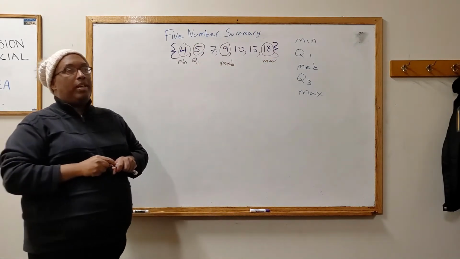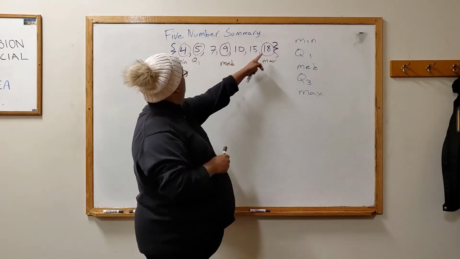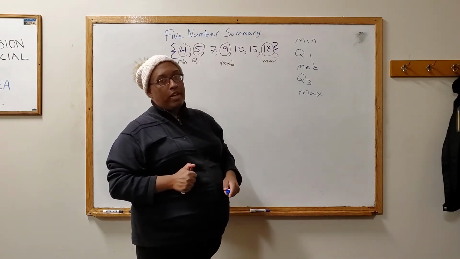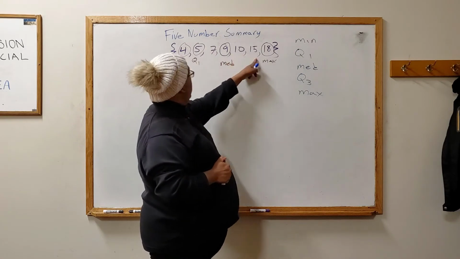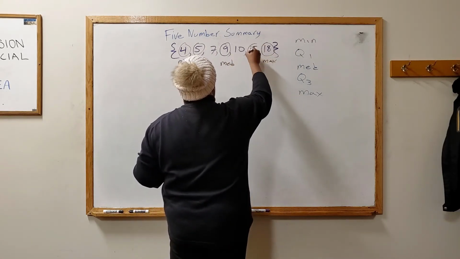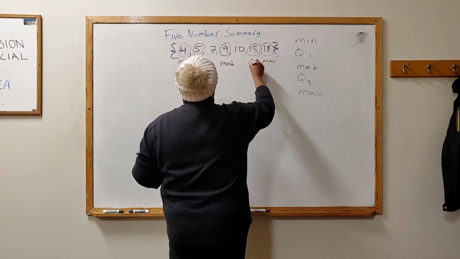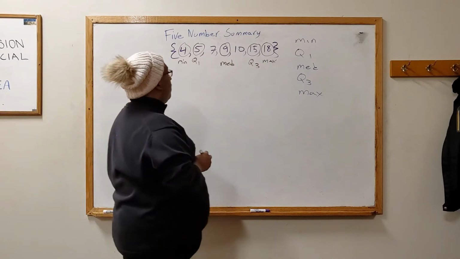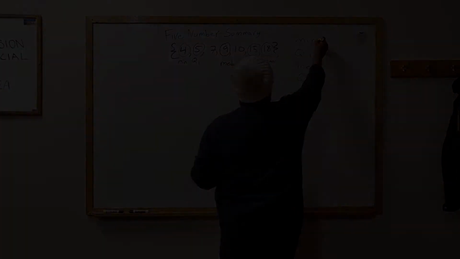And we do the same thing again. 1, 2, 3, plus 1 makes 4. 4 divided by 2 is 2, so the second number. Q3.